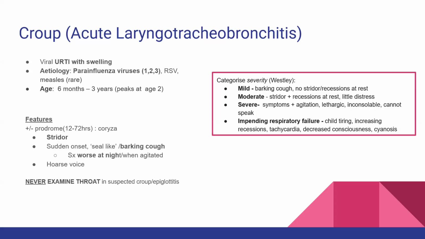Once they're really distressed, really agitated, and it's affecting their energy levels, having a much bigger impact, that's severe. And any sign that the child is getting really tired, that the body's really struggling to cope, then obviously you're really worried about respiratory failure.